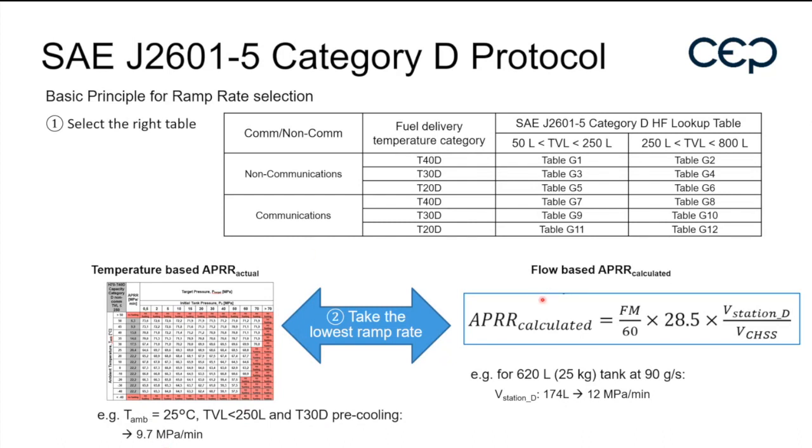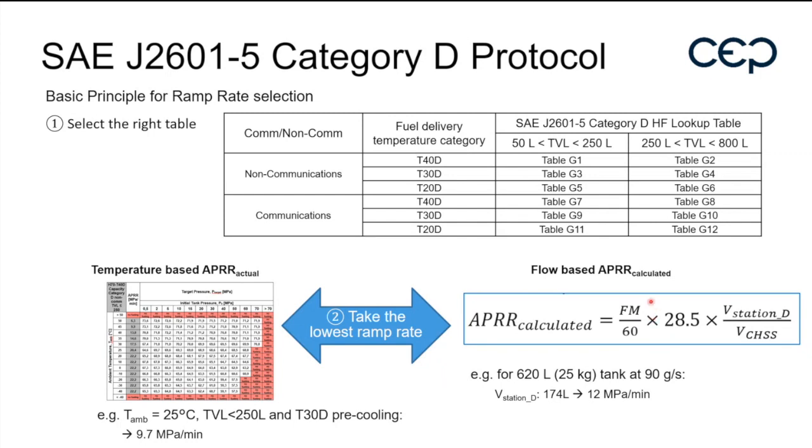But at the same time, you are making a calculation, and what is new is this part here. What is new is that you now take the FM value from the optional data and divide by 60. So if your vehicle says the maximum 60 grams per second, obviously nothing changes compared to how it was before.